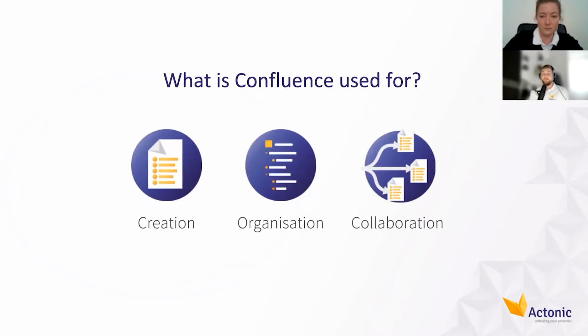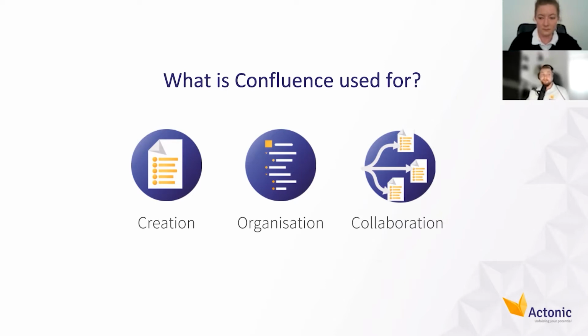Then, what is Confluence used for? It's really simple: we create our pages, spaces, and information, and organize them in a logical manner so that everyone can cooperate and collaborate on our information and on the subjects we want to handle later.